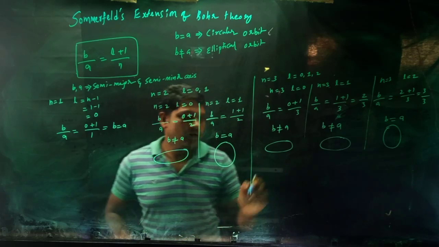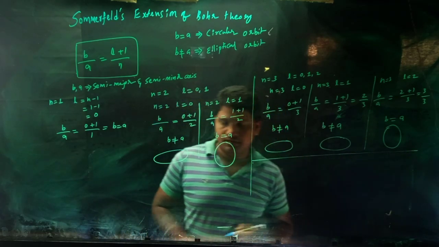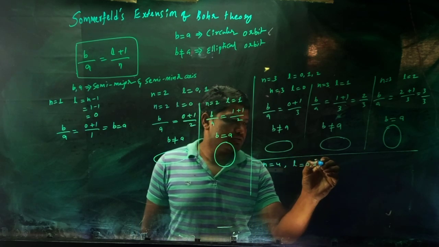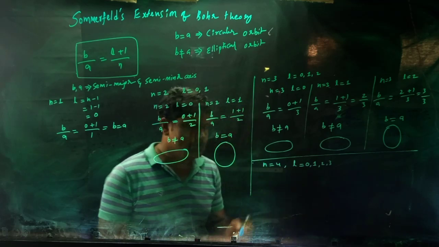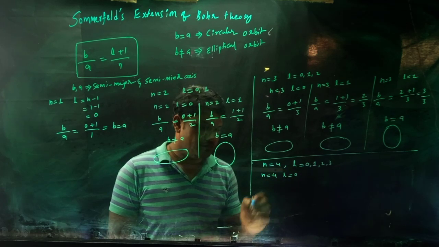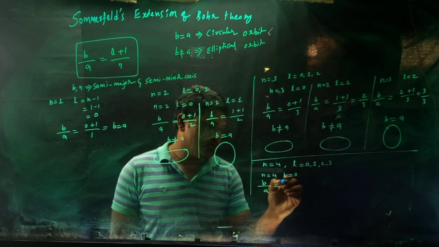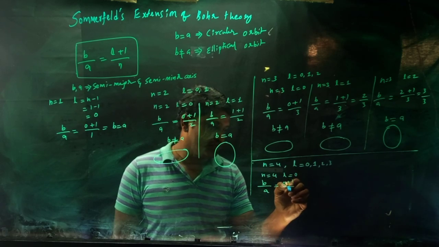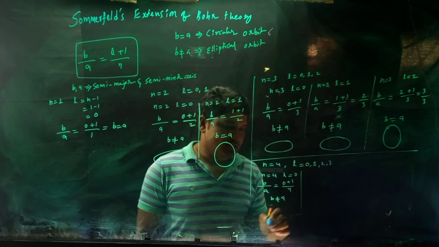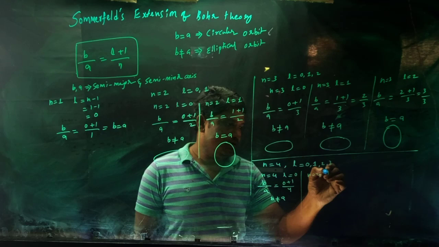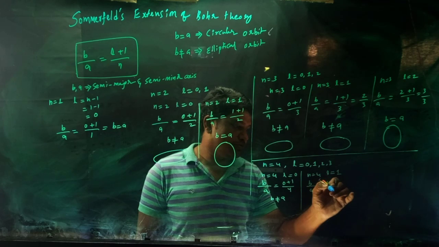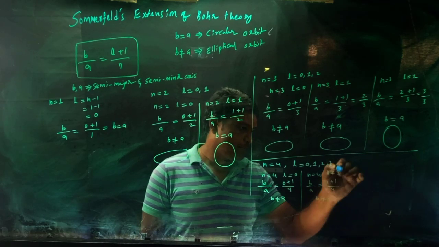And the last condition, when n equals 4, the l values are 0, 1, 2, 3. When n equals 4 and l equals 0, b by a equals 0 plus 1 by 4, so b is not equal to a. For l equals 1, b by a equals 1 plus 1 by 4, so b is not equal to a.